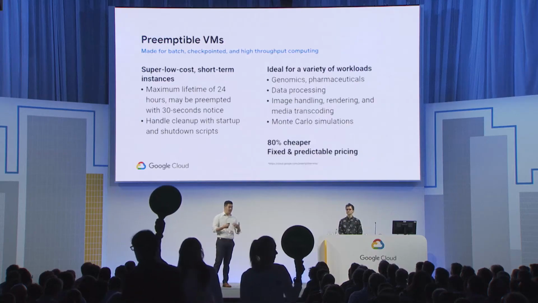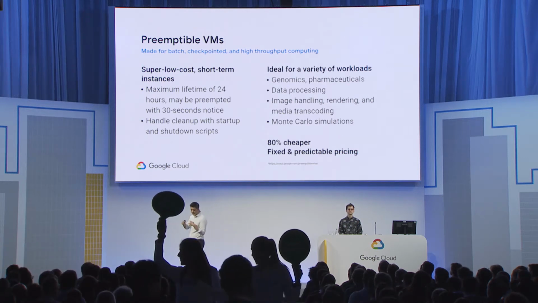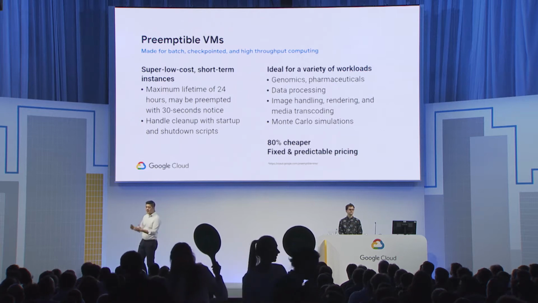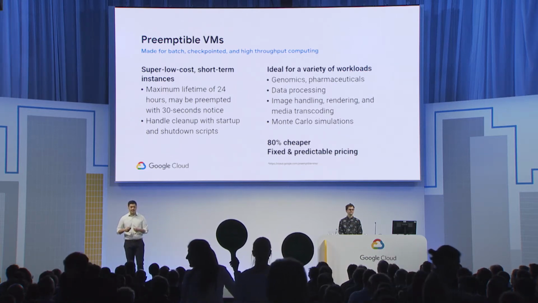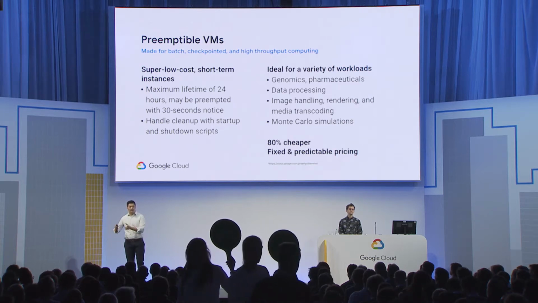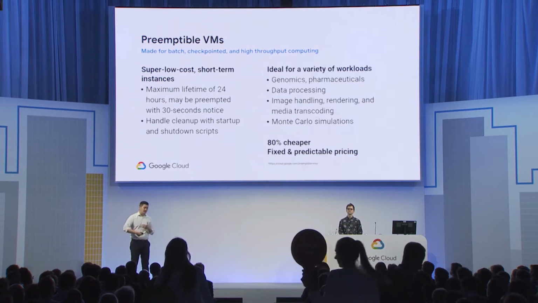So we have a lot of templates out there that you can use. And the power of preemptables, especially if you think about genomics, maybe image rendering, Monte Carlo simulations for finance, is that you're effectively expressing this trade-off of, hey, I'm willing to sacrifice the duration of my instance for the ability to have a fixed, predictable, low-price instance.